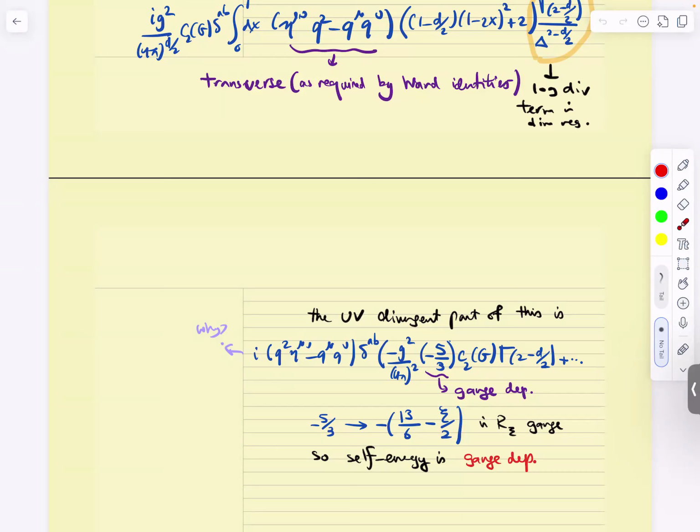This term, psi 1, is not killed by Q, right? But this term obviously is going to get thrown out. So these are the purely physical things. These have to do with a ghost, anti-ghost, right?